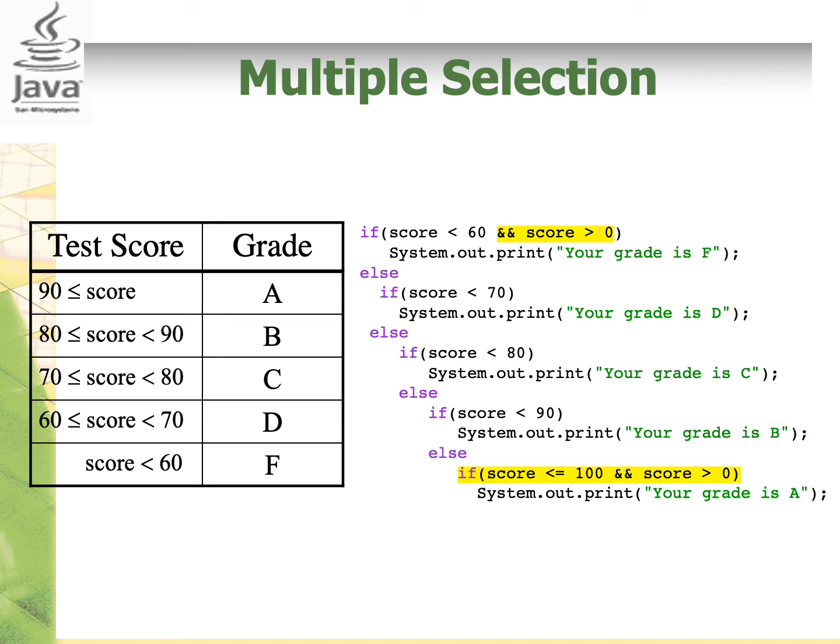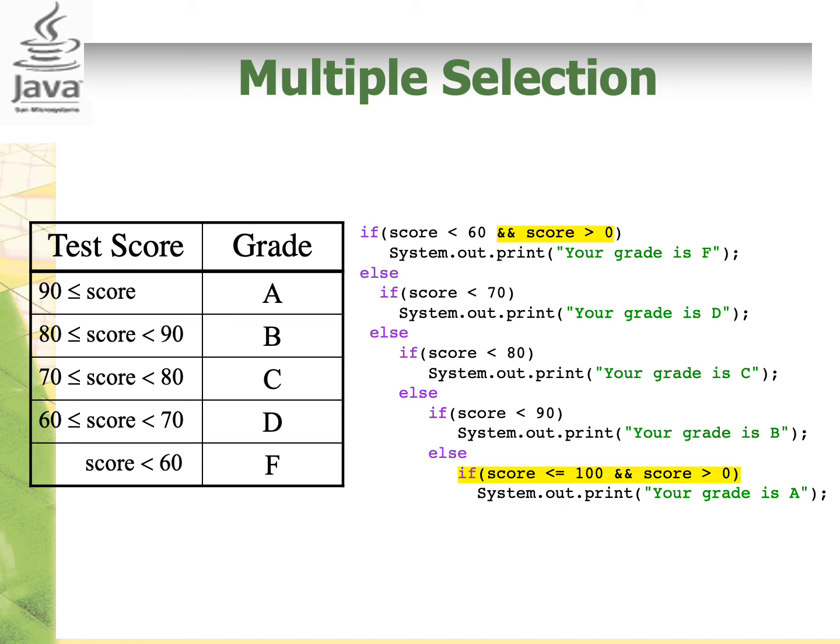Say that we only have the AND operator at the first if. Does this solve the problem of score equal to minus 100? It doesn't, because in the first if, it checks minus 100 is less than 60, which is true. But when it checks minus 100 larger than 0, it becomes false. So true and false becomes false. It will go to the else part.